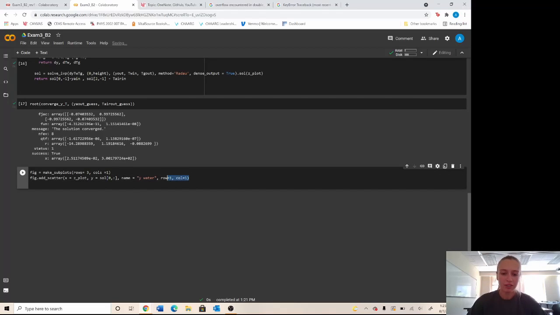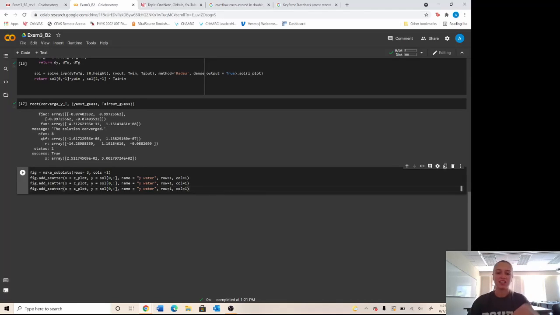And then I'm actually going to copy and paste this because the next will be the same, the x values will all be the same. So we're just going to change a couple of things in here. So this should be the solution at 1, and this will give us the temperature of the water, and then this will be row 2, column 1.